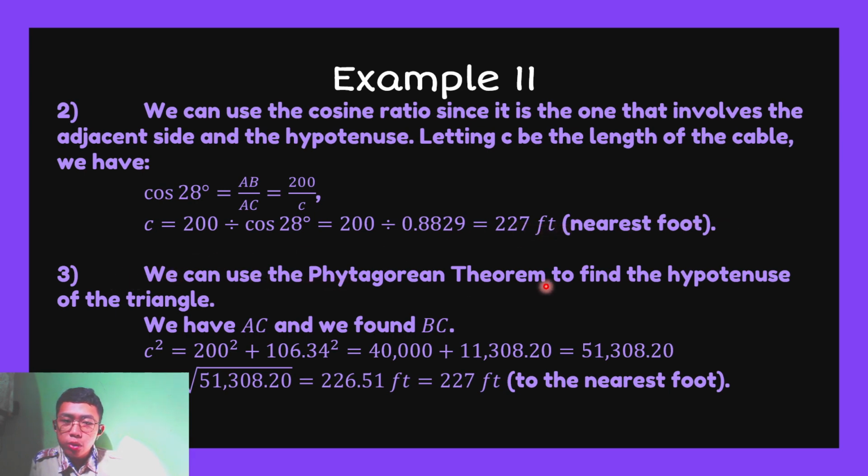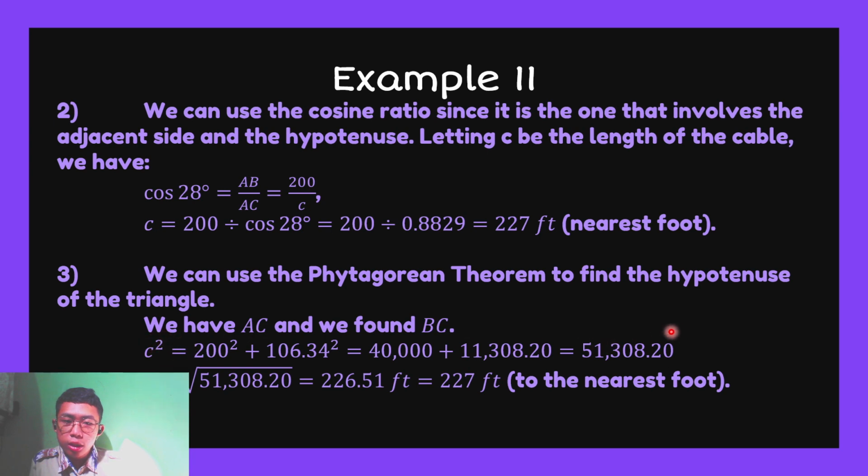Third, we can use the Pythagorean theorem to find the hypotenuse of the triangle. We have AC and we found BC, so C squared is equal to 200 squared plus 106.35 squared, which is equal to 40,000 plus 11,308.20, which is 51,308.20.